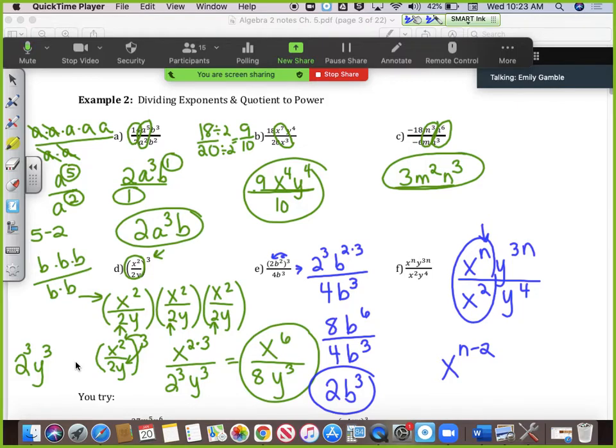Same thing's going to happen with the y's. When I go to simplify the y's now, I have a variable here that I'm not sure what the answer is, so when I go to simplify this, this is going to be y to the 3n minus 4. And that's all you can do with that. Because we don't know what n is equal to, I can't simplify that further, so that's just what the answer is.